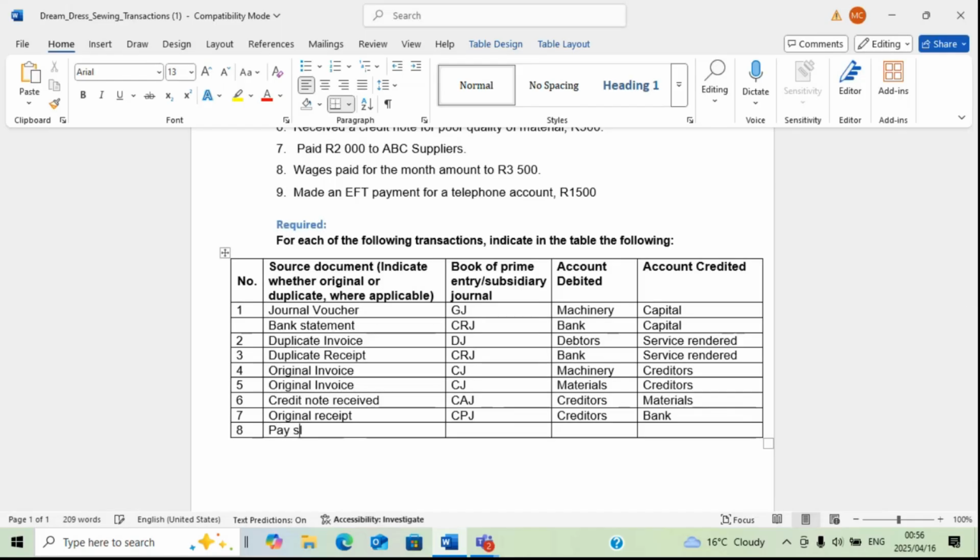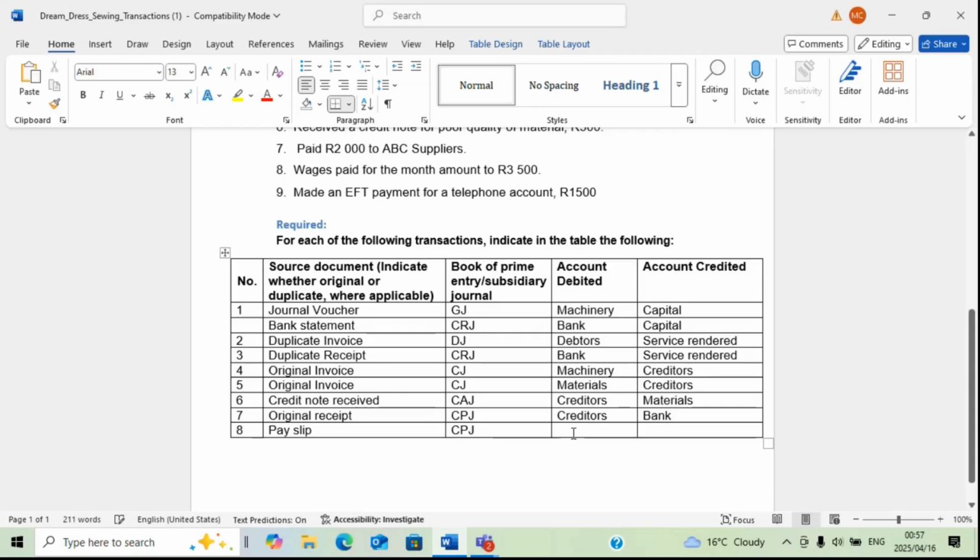The source document can be a bank statement as well, but we're just going to say a pay slip, okay? And because you made a payment, it is going to be the cash payment journal. That is your book of prime entry, cash payment journal, right?